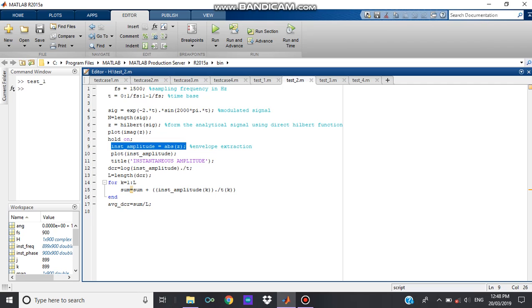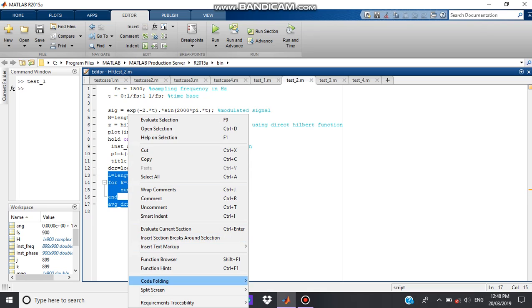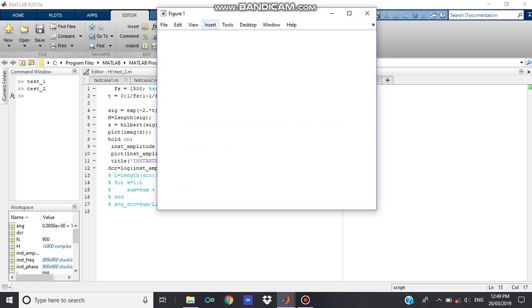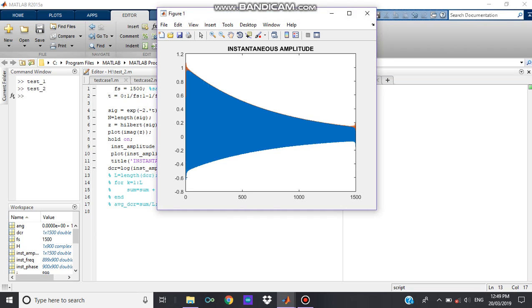We can also calculate the decay rate here using this formula, and it can be used for performing the average of the decay rate because the decay varies. So let us observe how the instantaneous amplitude of an exponential signal looks.